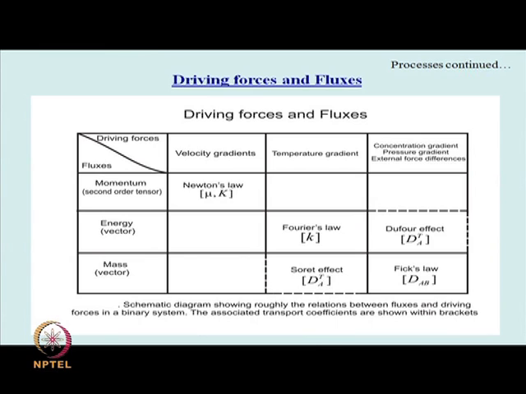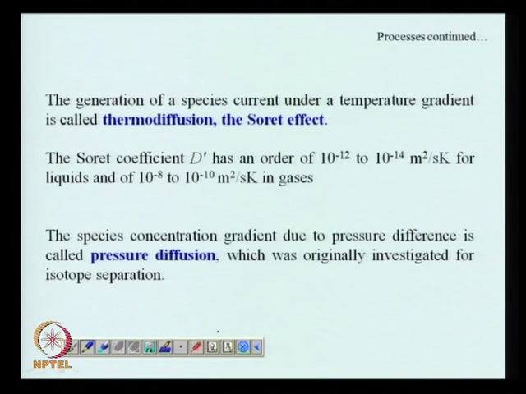Now, when you look at the values of these diffusion coefficients, for example DAT and DAB, you will never come across a situation in macrosystems where you have enough temperature gradient present in the system such that these two processes become comparable. So, let us see what the values are.